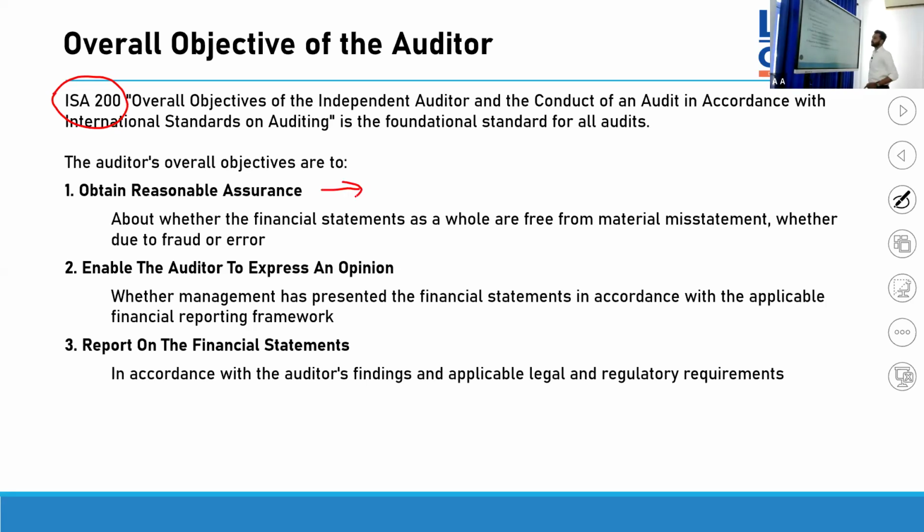We know the types of assurance we have already discussed, right? So in audit, the overall objective of an auditor is to provide reasonable assurance. How many types of assurance are there?